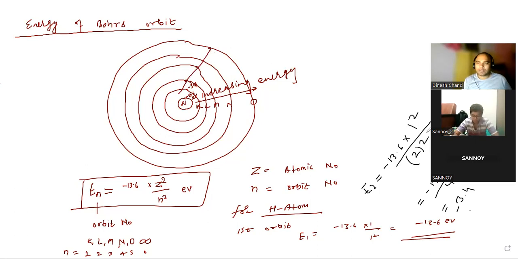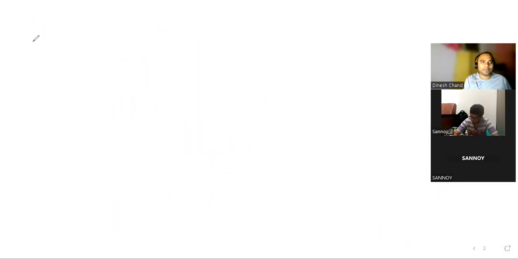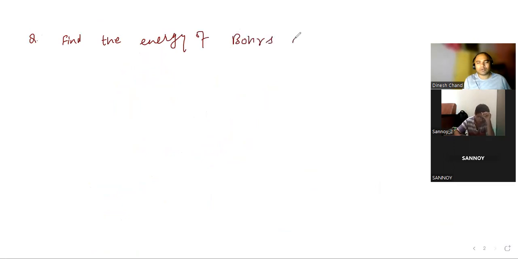I am giving you a question here. Find the energy of Bohr's orbit of the lithium atom, for its third orbit.